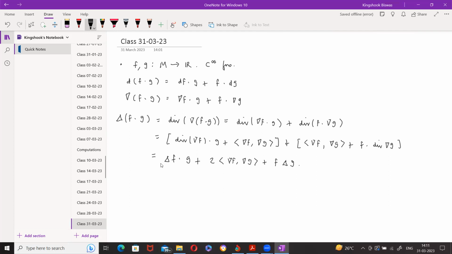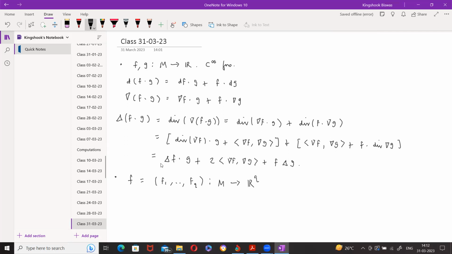So now suppose f is a vector valued function, say f1 to fq, taking values in R^q. This is what we'll be applying. This is what will come up in our situation.